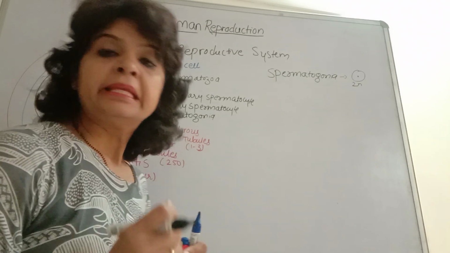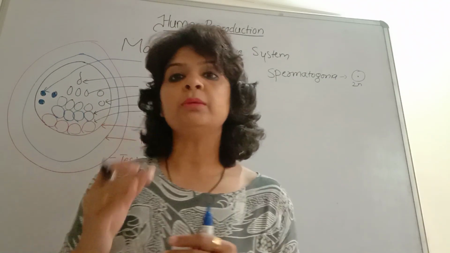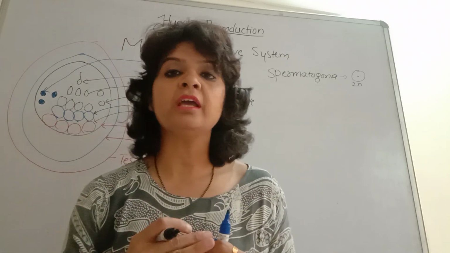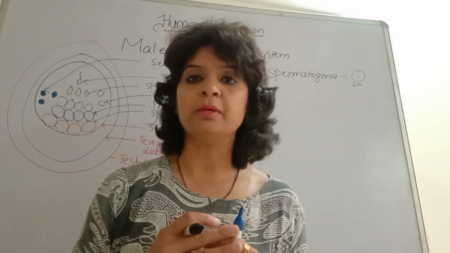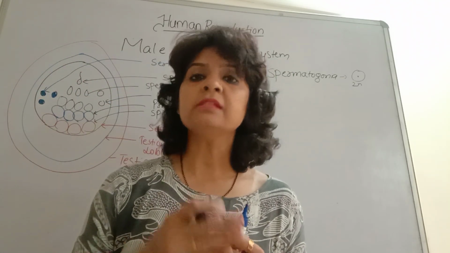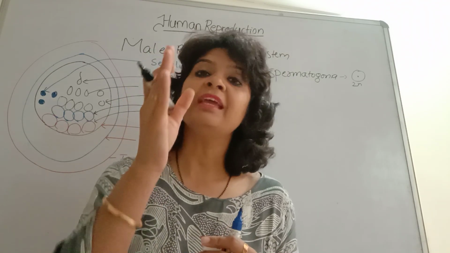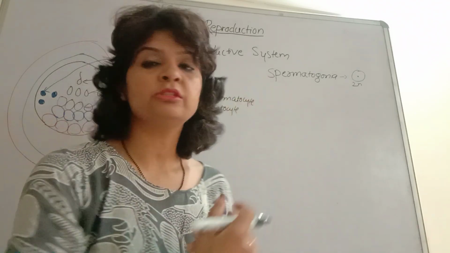This cell needs to get multiplied. In the case of males, the process of spermatogenesis occurs after puberty, which is different in females. In a female, the production of the ovum begins when the female is a fetus. So it's quite different from spermatogenesis.